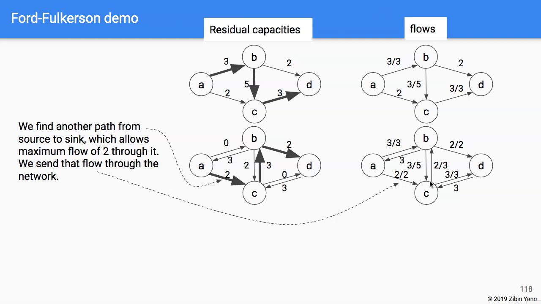And I just want to point out that now between B and C, there's a flow of 3 from B to C and a flow of 2 from C to B, which means there is a net flow of 1 going from B to C.